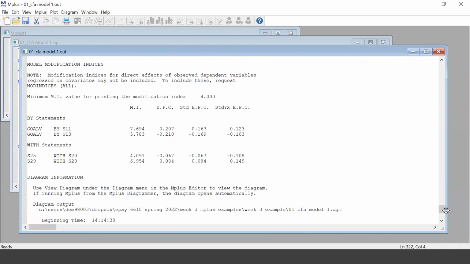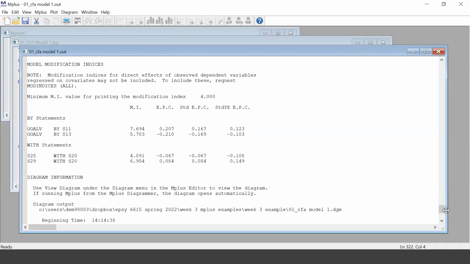So if you allowed item S11 to double load on goal valuation, that would drop the chi-square by about, and these chi-square drops are approximate, so it may not be exactly this when you do it, but it would drop the chi-square by about 7.7 points, okay? Or if you allowed S13 to double load on goal valuation, it would drop the chi-square by about 5.78 points.